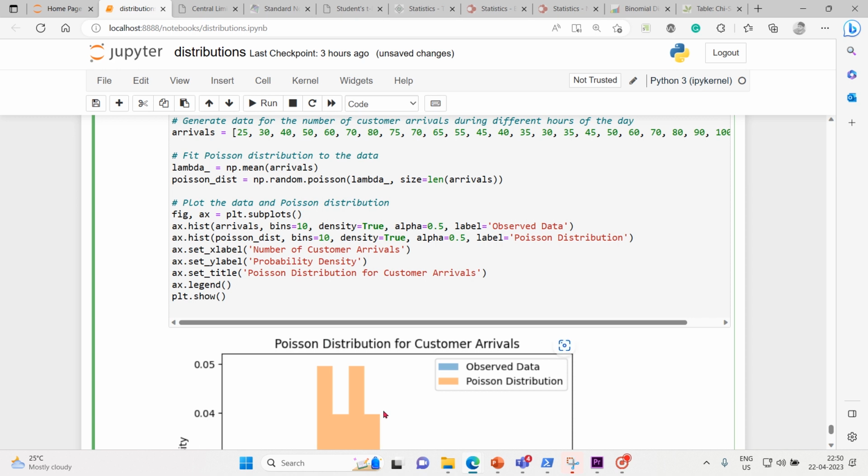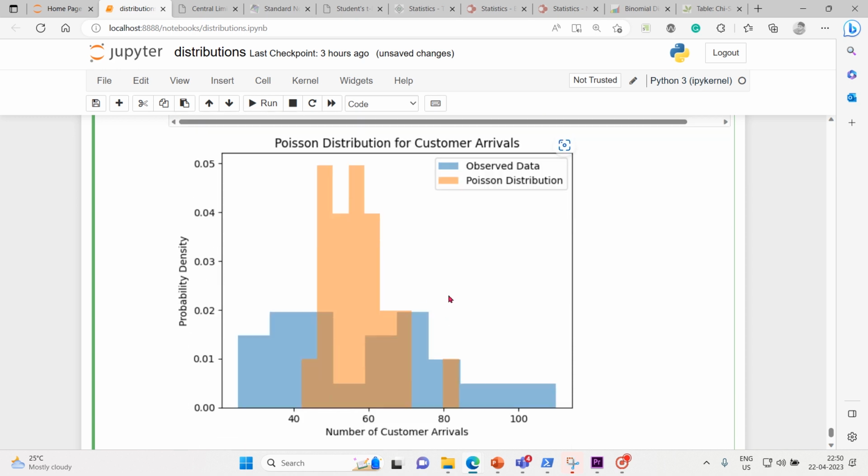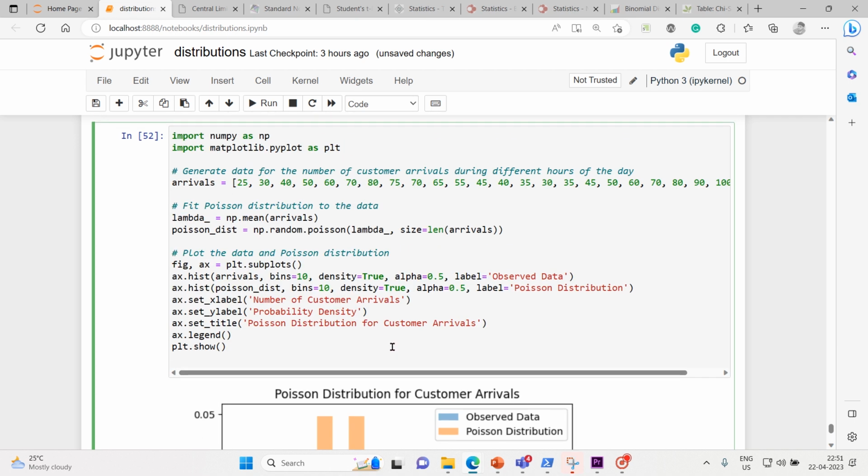One is observed data which is actual real, and the other one is the Poisson distribution. In some cases it's pretty close, and this portion is exactly the same, and this portion is somewhat closer, and here again closer. So that's what a Poisson distribution is.